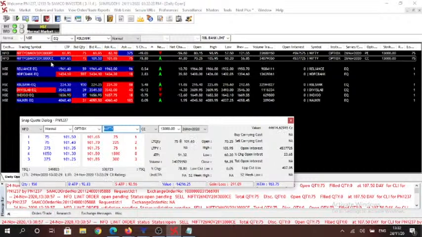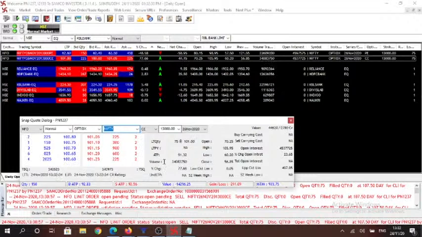Let's see. It is at 101 right now. So we have an order at 107.5 and the high currently is at 105.95. So let's see.